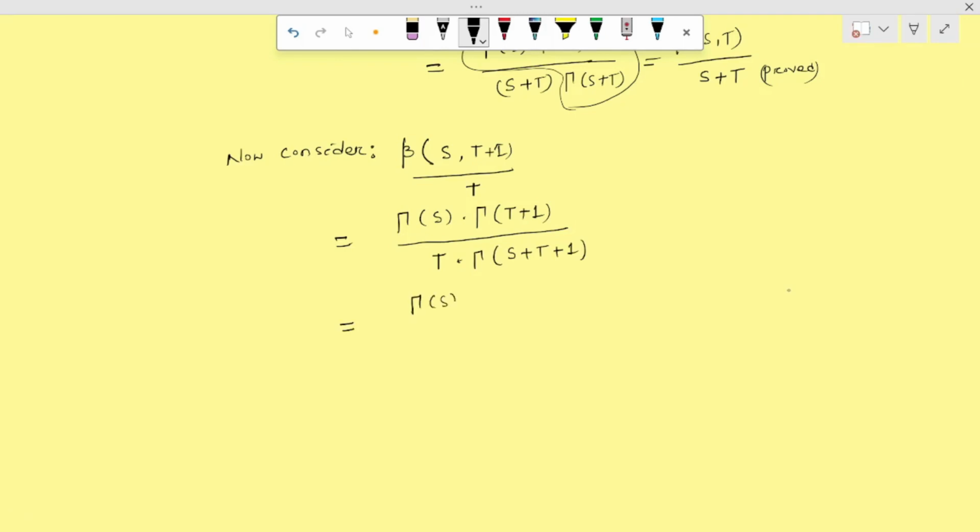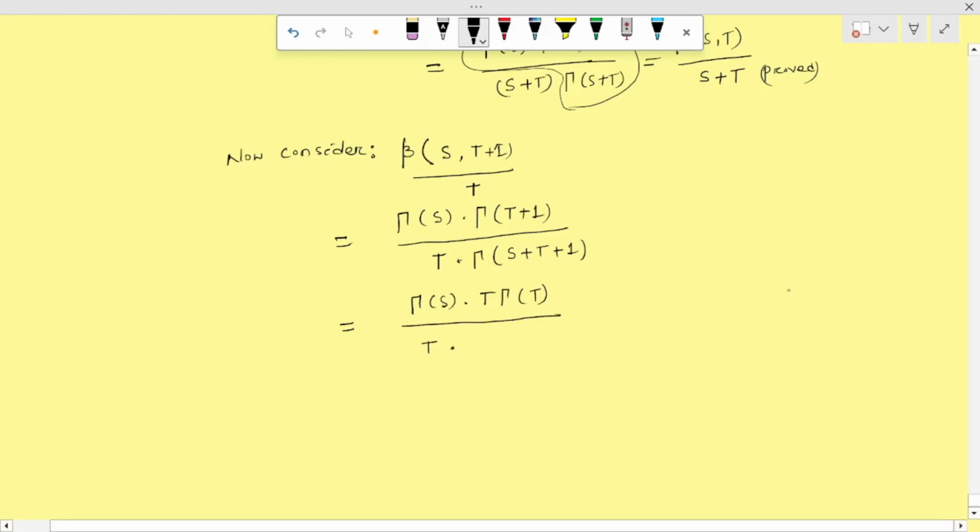Here gamma s stays, and here gamma t plus 1 will be written as t gamma t by using the first property of gamma function. Here, gamma s plus t plus 1, again we use the first property of gamma function. We can write s plus t into gamma s plus t.